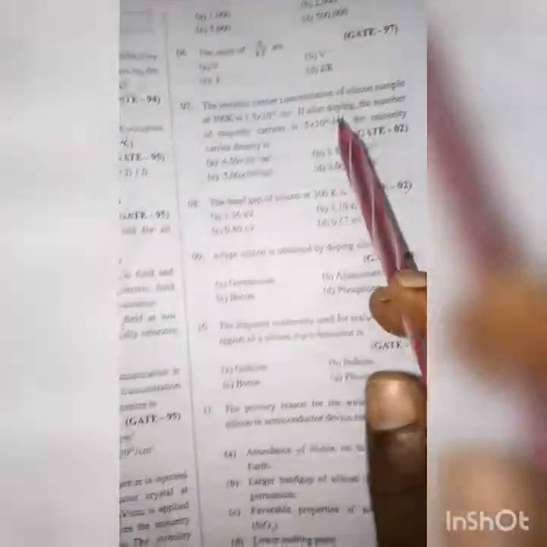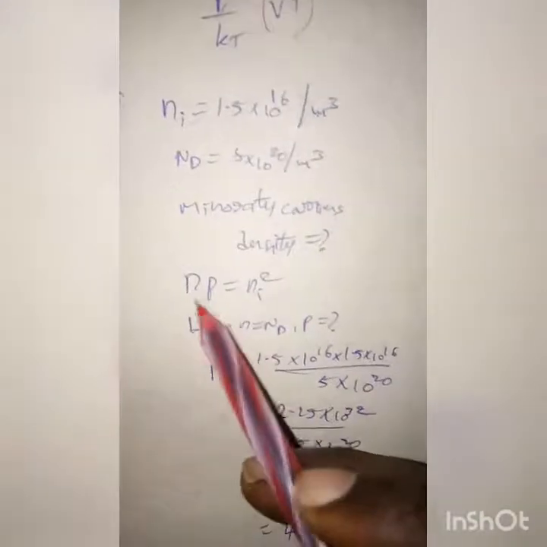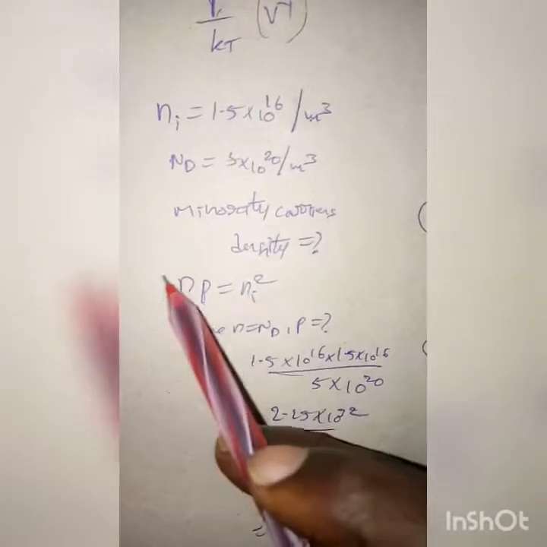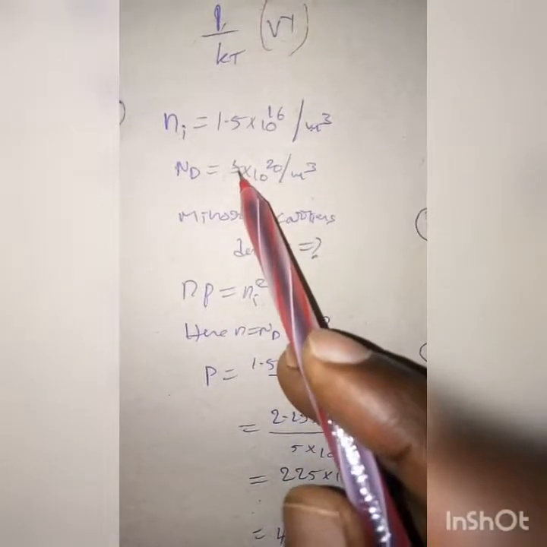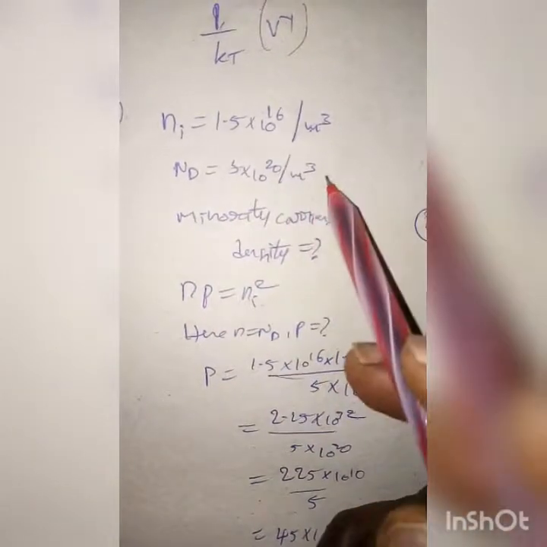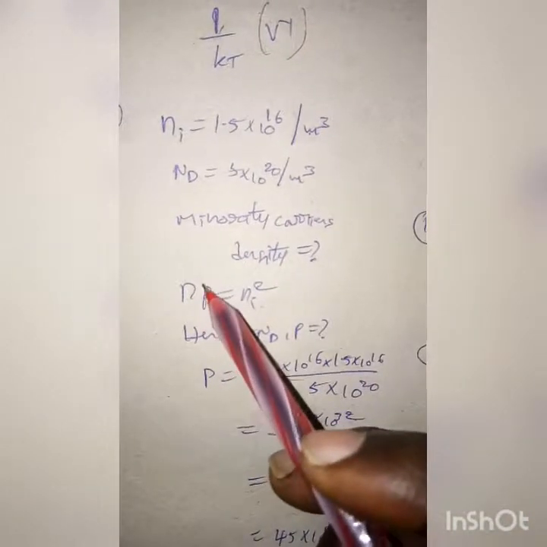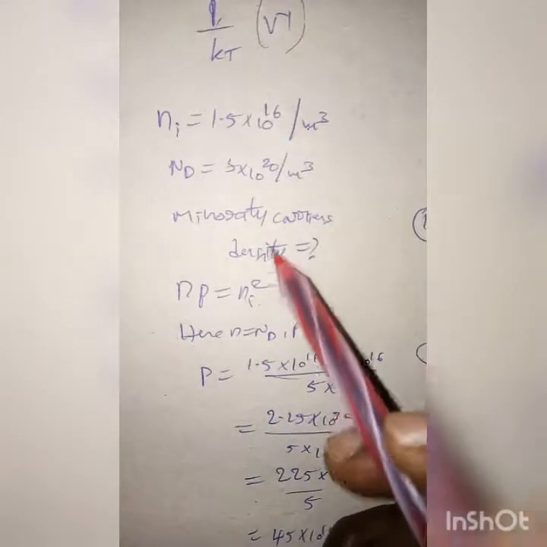So you all know the law of mass action, Np is equal to Ni square. Here he gave either N or P. If it is majority, the other one is the minority carrier. He asked for the minority carrier density.